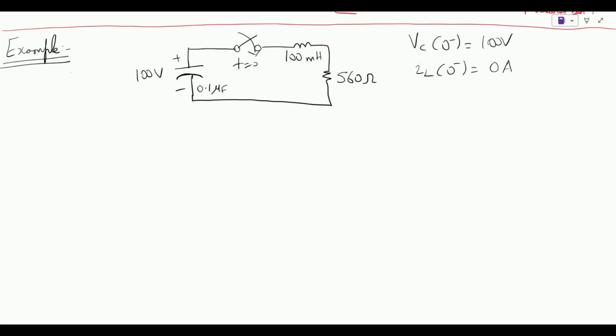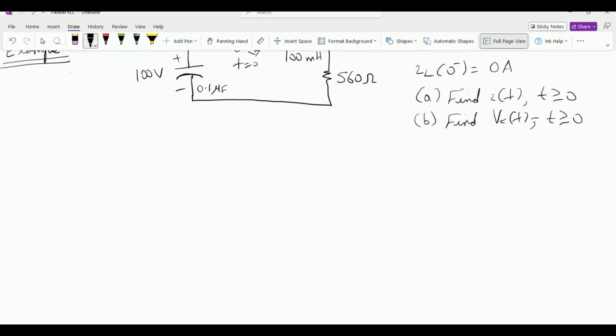In this case, we need to find the current when time is greater than or equal to 0, and we also need to find the voltage across the capacitor when the time is greater than or equal to 0. So these are the two unknowns that we need to find given the circuit.